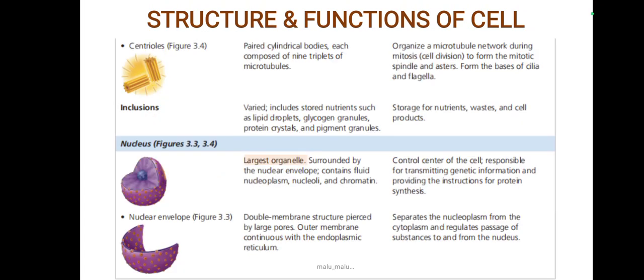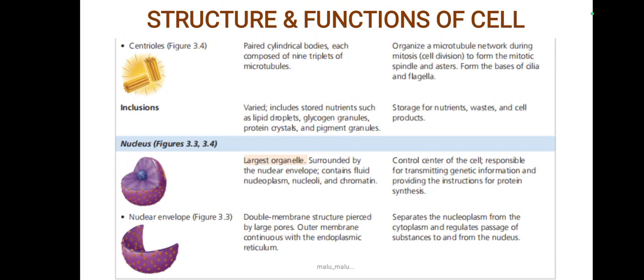Centrioles are mainly involved in cell division and they are paired. The structure is like paired cylindrical bodies composed of nine triplets of microtubules. The nucleus, the command center of the cell, plays a vital role in regulating all cellular activities, as we saw in the first slide itself.